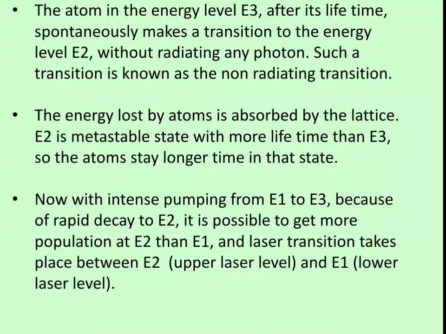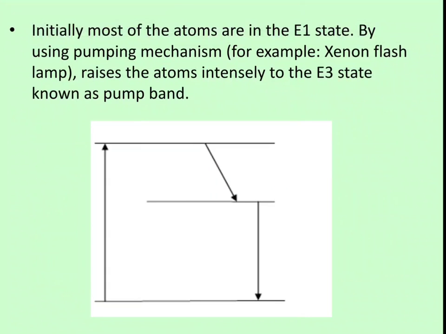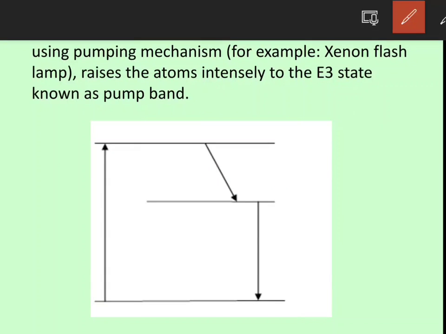The atom in the energy level E3, whose lifetime is very small, spontaneously makes a transition to the energy level E2 without radiating any photon. Such a transition is known as a non-radiative transition. Here we have E1, E2 and E3.